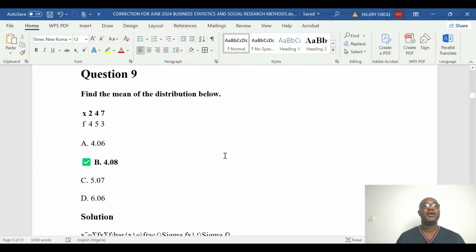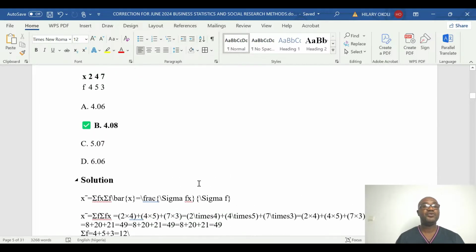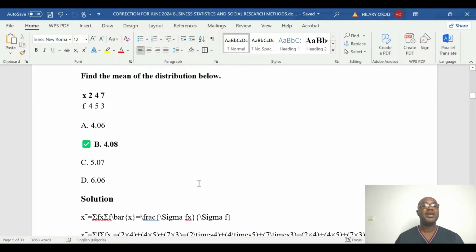Okay. We look at find the mean of the distribution. The mean here is 4.01. How do we explain this here in this platform? Let's see how I can navigate to do that. That is question what?